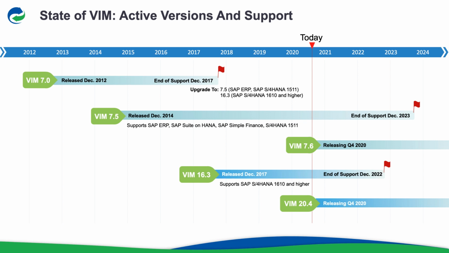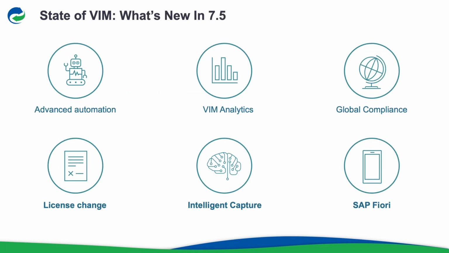That's a great overview. Tell us a little bit more about what you get in each one of these versions. Yeah, so if we start with 7.5, there are significant changes that are being introduced, and some of them, of course, are tailored to give you a lot of automation.